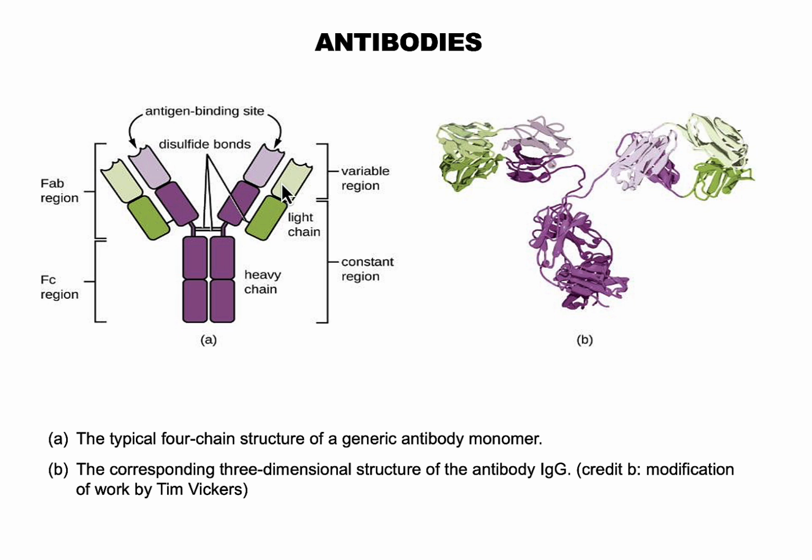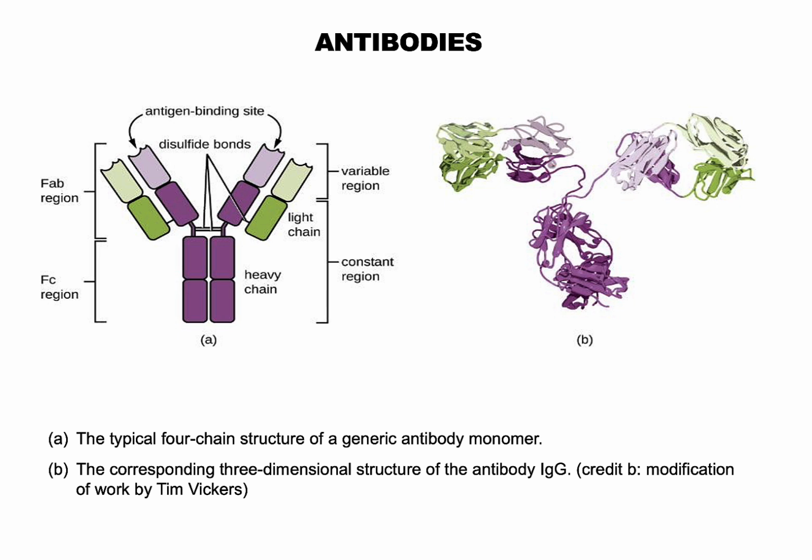Although the epitope specificity is the same for both arms of a single antibody, there is significant variability among different antibodies. This binding capability is crucial for neutralizing pathogens, facilitating agglutination or aggregation of pathogens, and enabling antibody-dependent cell-mediated cytotoxicity.